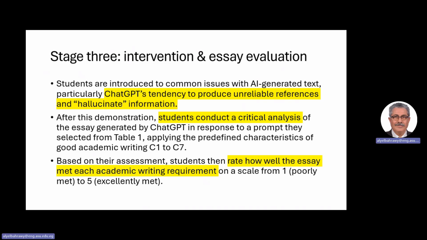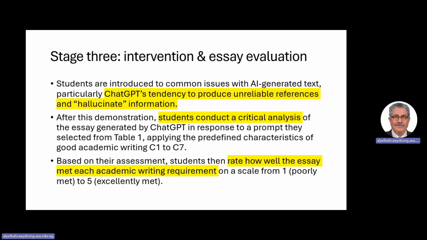Stage 3, intervention and essay evaluation. Students are introduced to common issues with AI-generated text, particularly ChatGPT's tendency to produce unreliable references and hallucinate information.